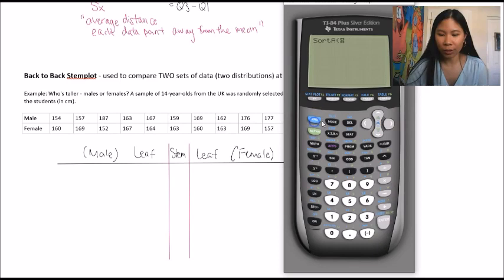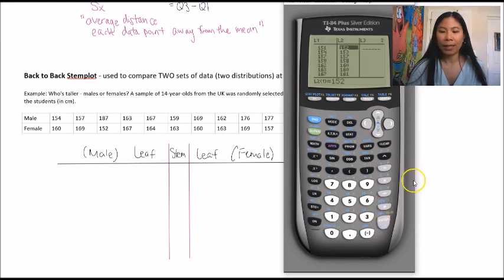So I want to sort my list 1. So that'll be all my male data. That'll get sorted. Calculator says it's done. I'm going to do the same thing. So second stat, go over to ops and sort A for L2. And then done again. So now when I go back into my stat edit to get into my lists, both sets of data are in order now.